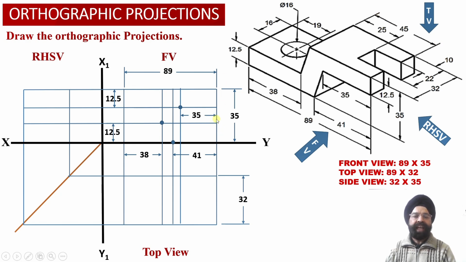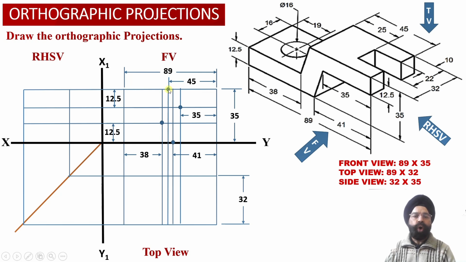So now what we have done, we are going to mark a distance of 45 millimeter from the right hand side face of the solid, and we are going to obtain a vertical projector line at a distance of 45 millimeter from the right hand side face, and one vertical projector line we have drawn over here, and this vertical projector line we have extended appropriately into the top view projections as well. And now we know that this point will be lying onto the top surface of the solid.